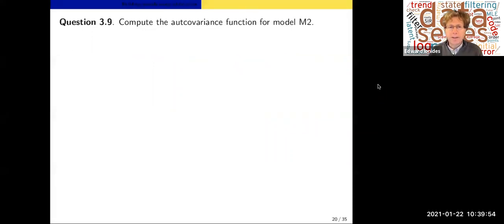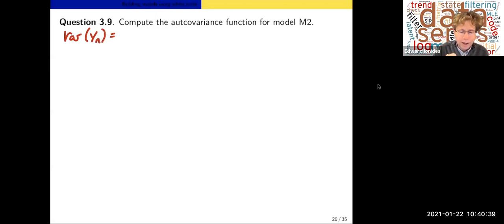Here's an algebra exercise computing the autocovariance function for model M2. Well, I guess you're going to see me do some algebra. It's good to be able to algebraically manipulate these objects, and it's really a relatively standard exercise in manipulating variances. So let's just go for it. Suppose I want to calculate the variance of y_n.